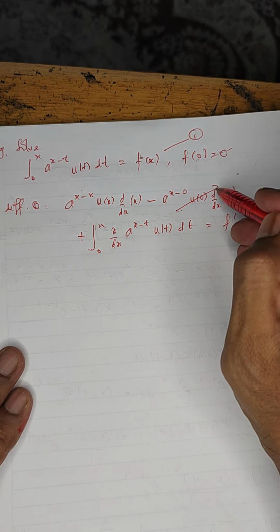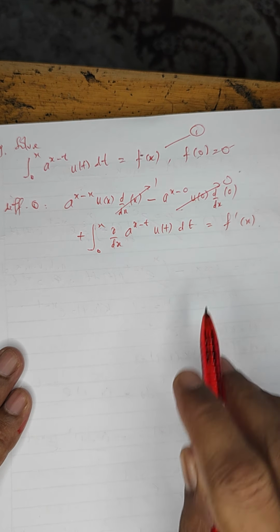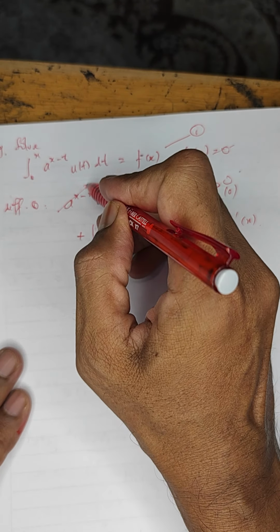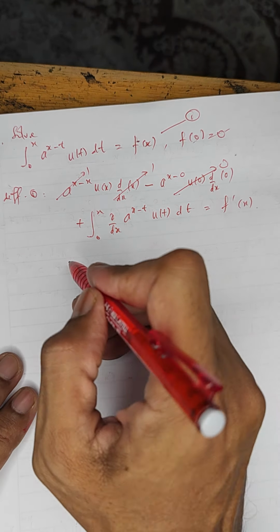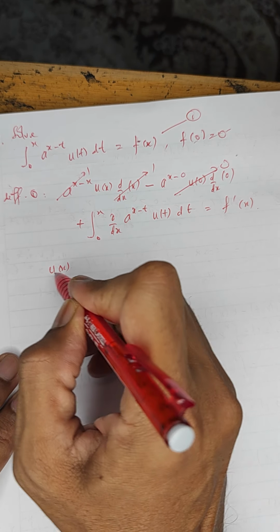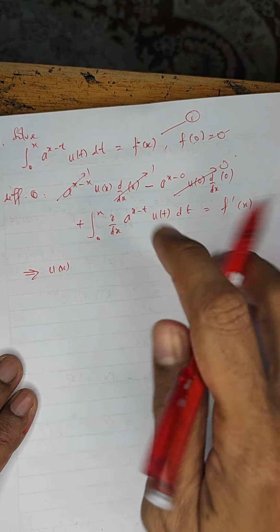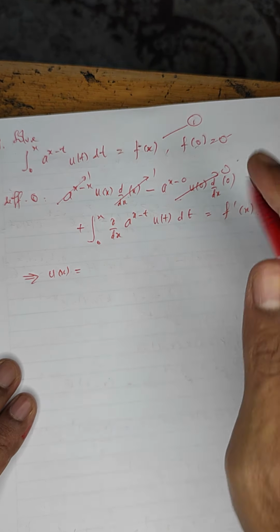Obviously this is 0, this is 1, this is 1. So what you have is u(x). I can bring the other term to the other side.